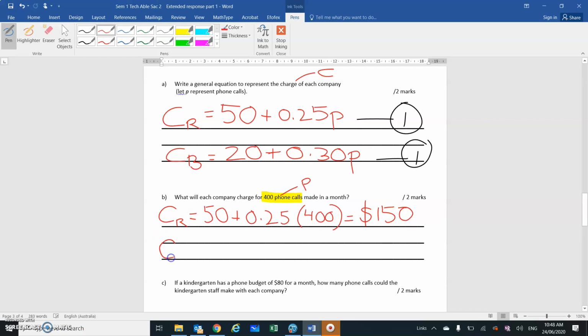The cost for the other company, the black one, is 20 plus 0.3, and we just sub in 400. And we get the cost being 140.